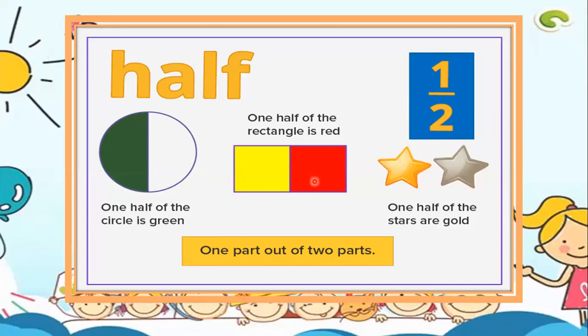Now you can see in this rectangle, we have divided this shape into 2 equal parts. So we have written 2 in the denominator place as the total parts, and one half of this rectangle is red. So we have written 1 on the numerator place.